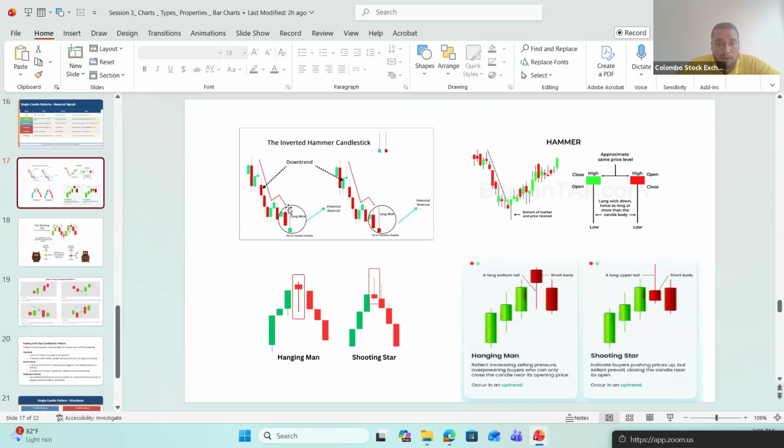Here also, why do you see this long wick? Because sellers are selling at this point. But why do you see this body? Because buying pressure was there to some extent, and they could actually hold that selling pressure. That's why a short body is there.